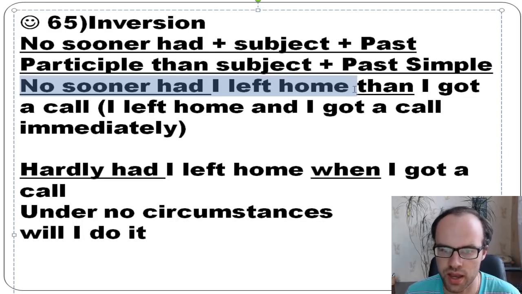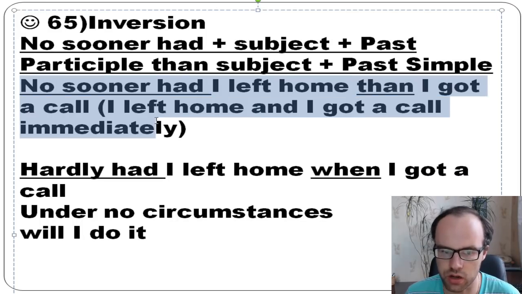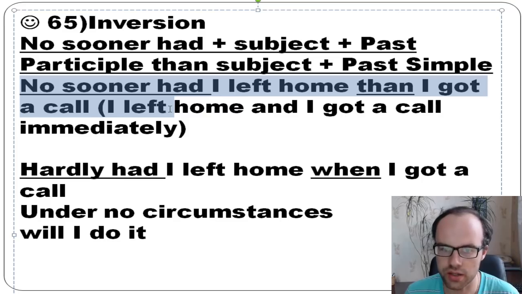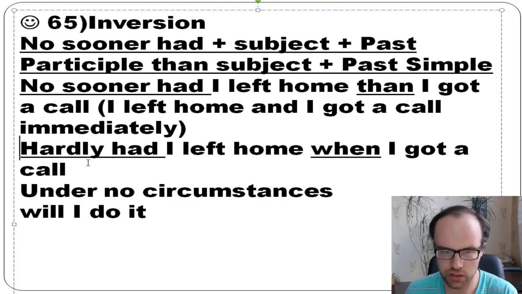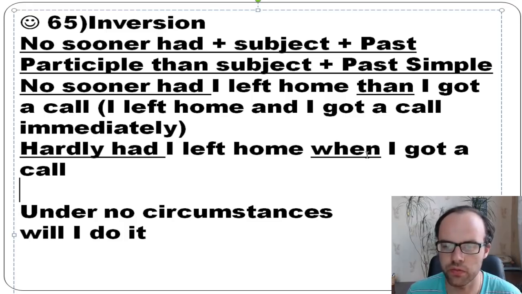So no sooner had I left home than I got a call. You can also use hardly had, the same idea, but you need to use when instead of than. So hardly had I left home when I got a call. Okay, so the same thing, but we use when instead of than.